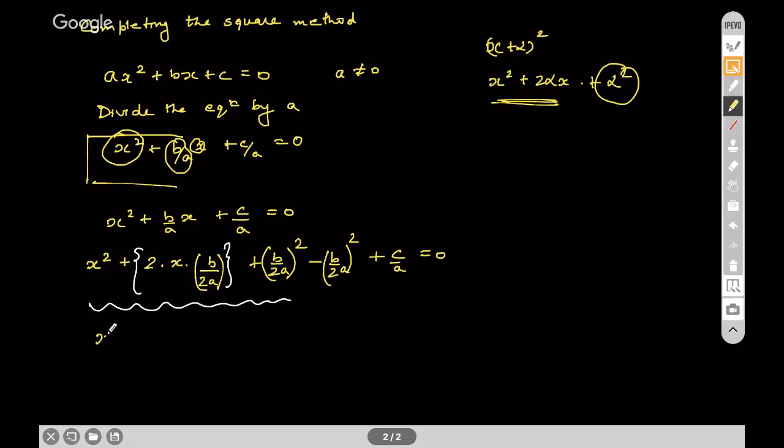This is nothing but x plus b upon 2a whole squared, right? x square plus 2x times b by 2a plus b by 2a whole square can be expressed as x plus b upon 2a whole square. And I can take all these extra terms to the right hand side, and say this is b square by 4a square minus c upon a, isn't it? Now I'm writing it here.